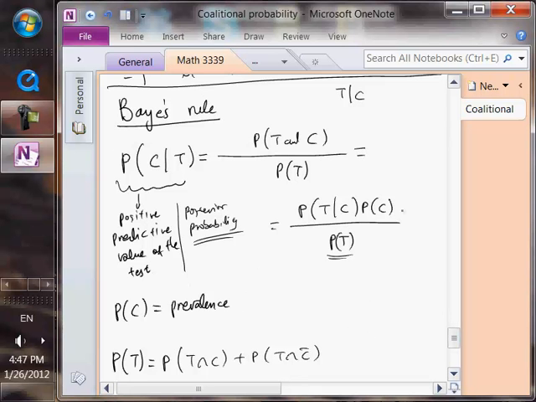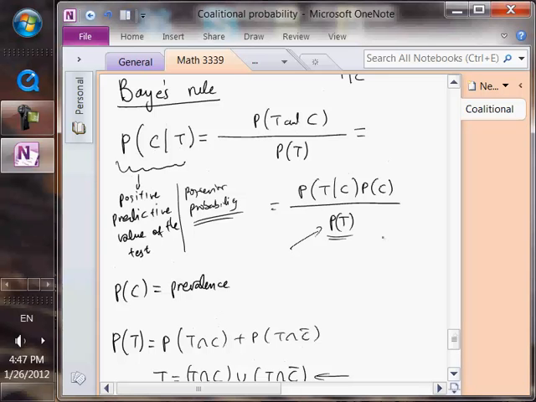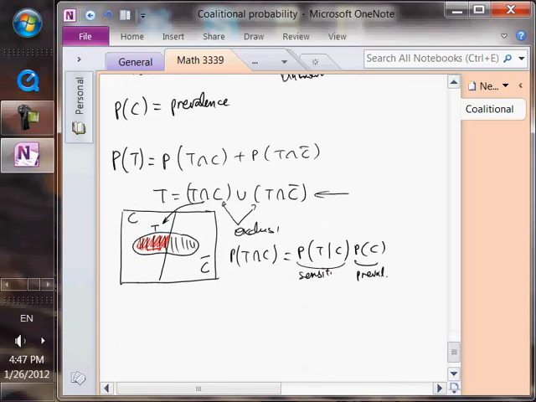To calculate the posterior probability I spoke about in Bayes' rule, I just simply need to calculate this. That's the only thing I don't know. And I'm working to calculate it. Likewise, we do this.